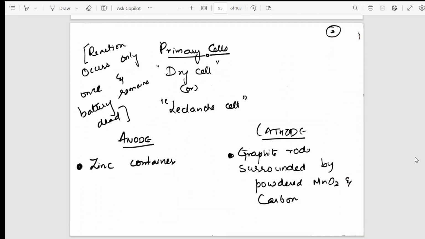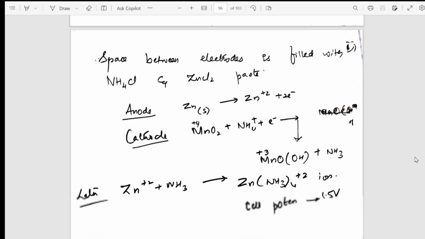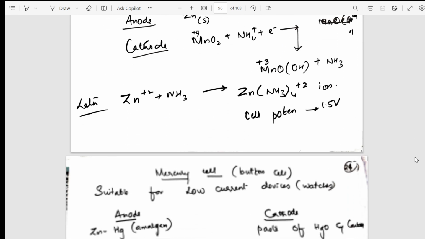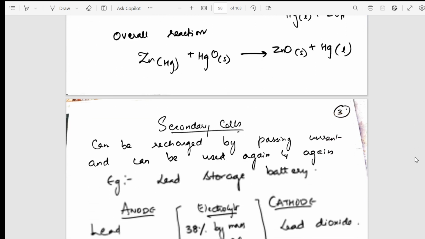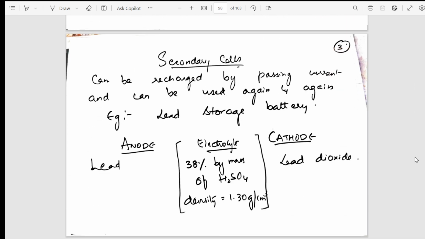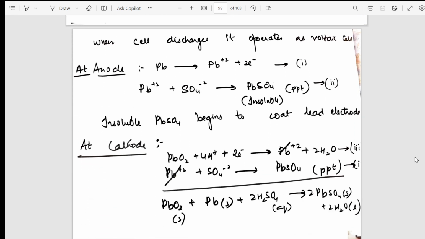Then primary cells, in primary cells what are the batteries done. In the primary cell, dry cell, these are the cell reactions. And mercury cell, the button cell, batteries, this is also done. Secondary cells, this is also done. Cell reactions, this is also done.